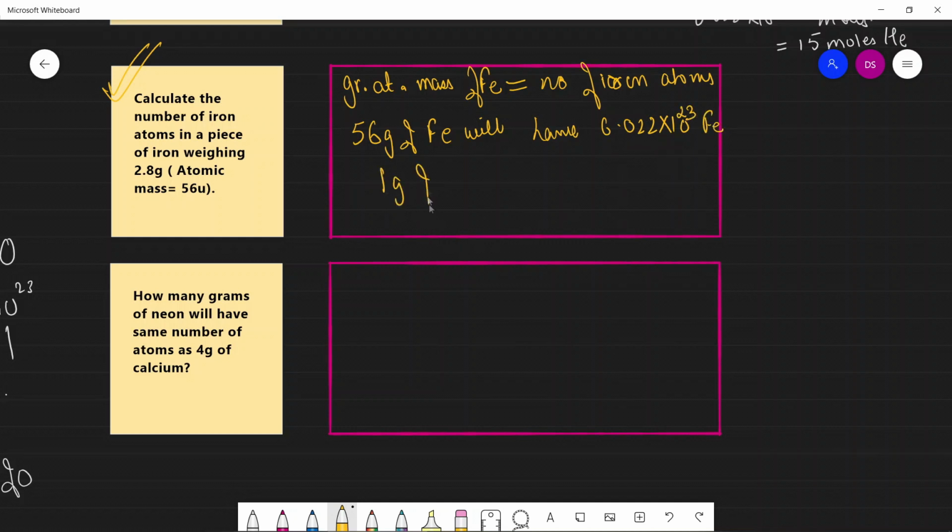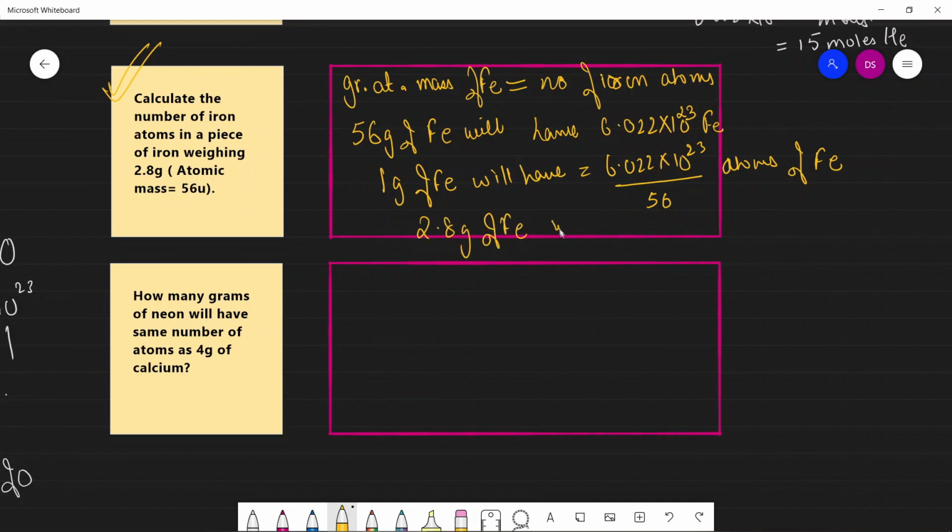So 1 gram of iron is going to have 6.022 into 10 raised to the power 23 by 56 atoms of iron, and then 2.8 gram of iron will have 6.022 into 10 raised to the power 23 by 56 into 2.8 atoms, right?